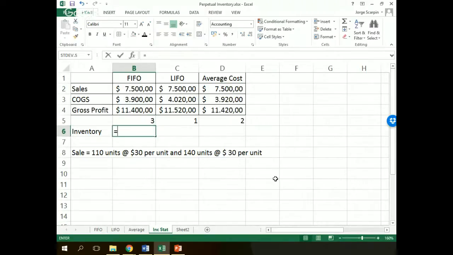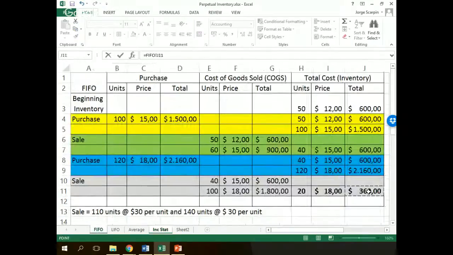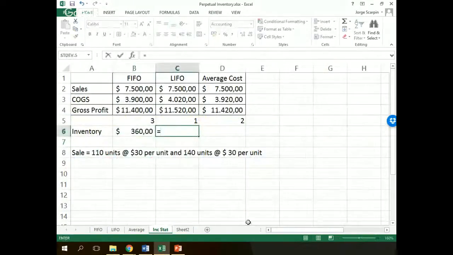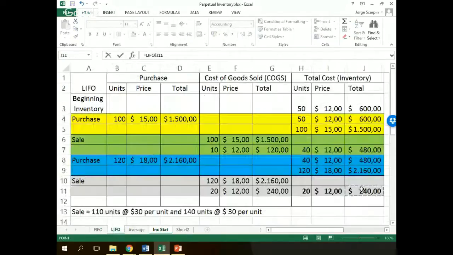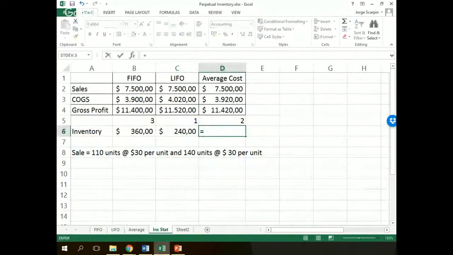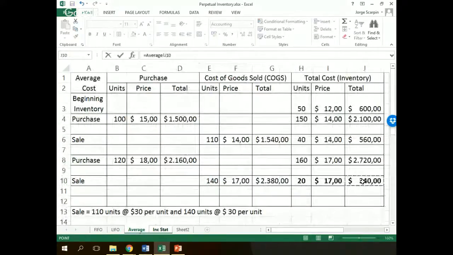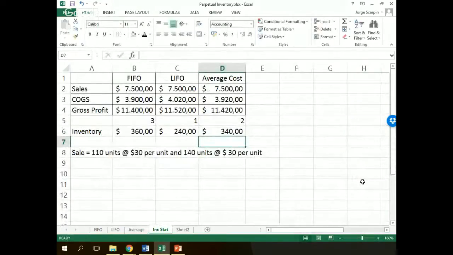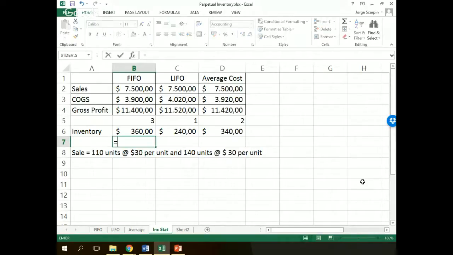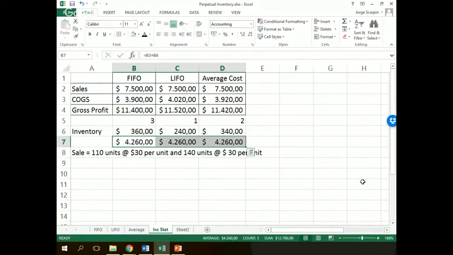And our inventory, FIFO 360, LIFO 240, and average cost 340. And is that correct? Is there a way to see if the numbers are correct or not? Yes. The sum of cost of goods sold plus inventory will always be the same on our three methods.